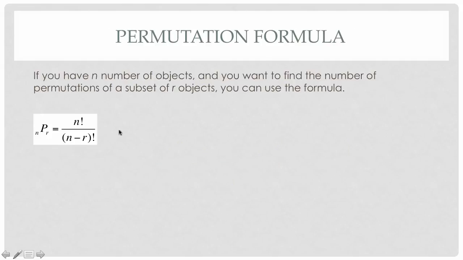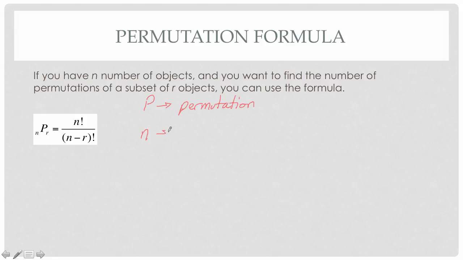Now, there's also a way to represent that same problem I just did using more of a formula, using factorial, and getting really formulaic in how I did that. So let's talk about what all these n's and r's and p's and everything mean. P means permutation. So this is a permutation problem.